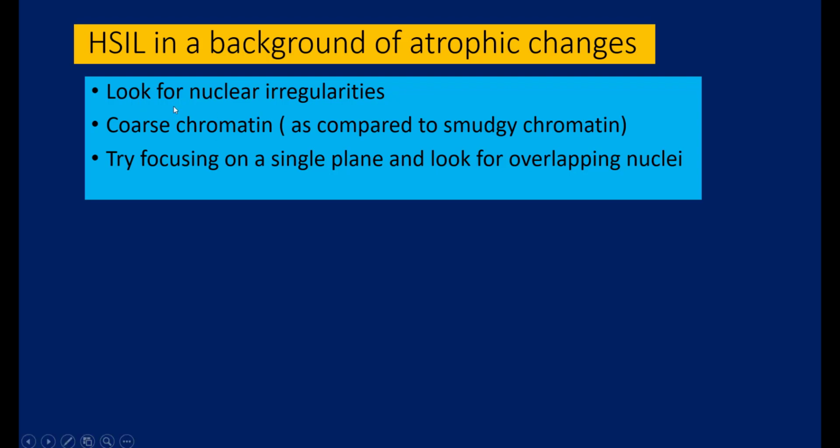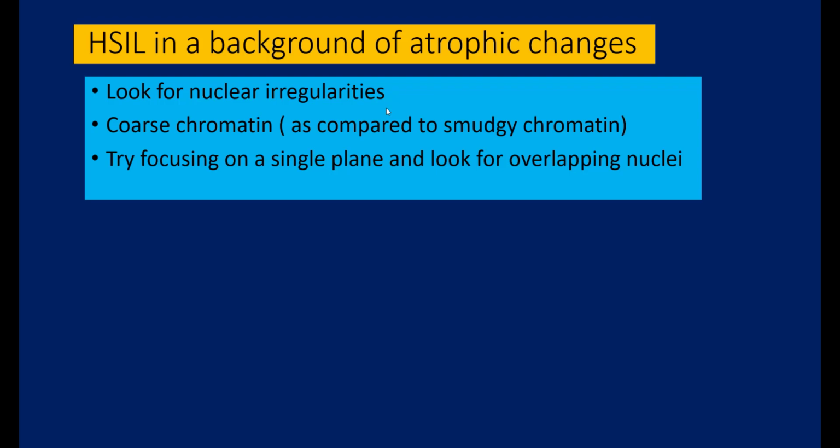Now, you need to look for nuclear irregularities. If you see a significant amount of nuclear irregularity, it means that we are dealing with a high-grade cell in a background of atrophic changes. Look for the presence of coarse chromatin, I would rather say irregularly clumped chromatin, as compared to the smudgy chromatin that we see in atrophic changes.